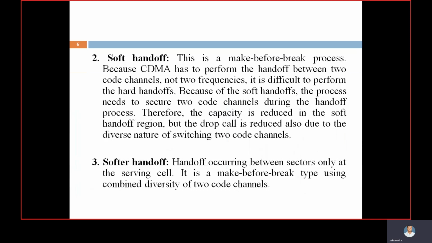Suppose we take the example of 120-degree sectors, where the cell is divided into three parts. If the mobile moves from the first part to the second part within the cell, that is from one sector to another sector, handoff takes place. That handoff is called softer handoff. These are the three types of handoff: soft handoff, hard handoff, and softer handoff.